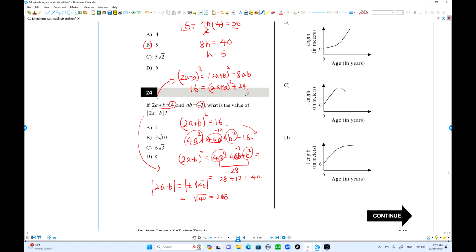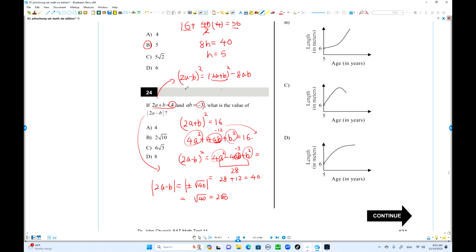Let me see, some trouble, right? No, I'm sorry. 2a plus b is 4.